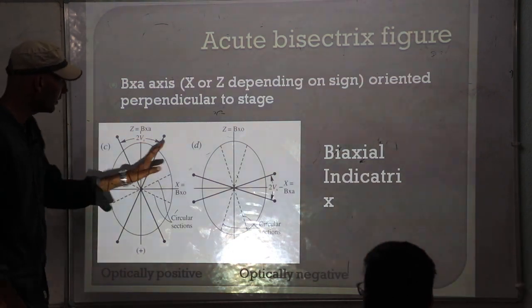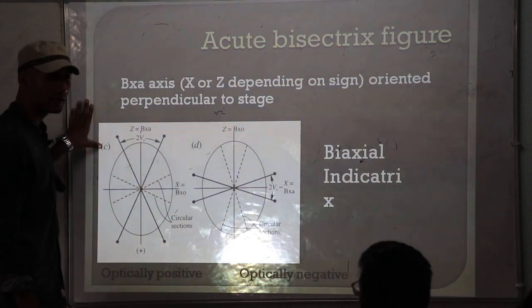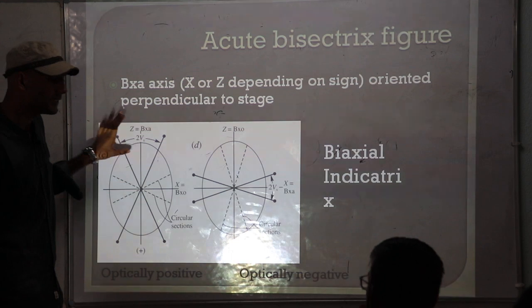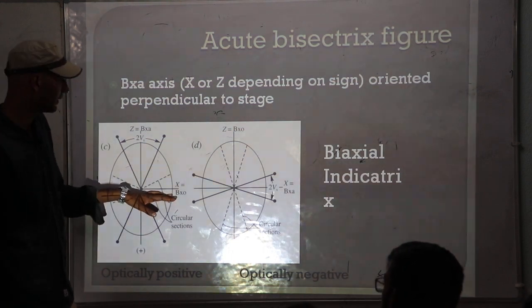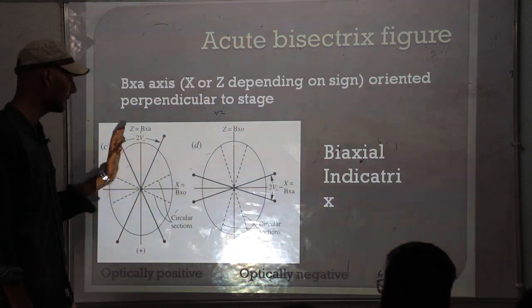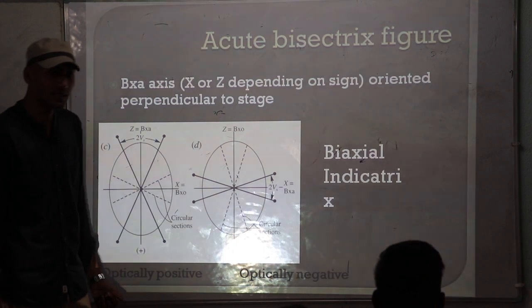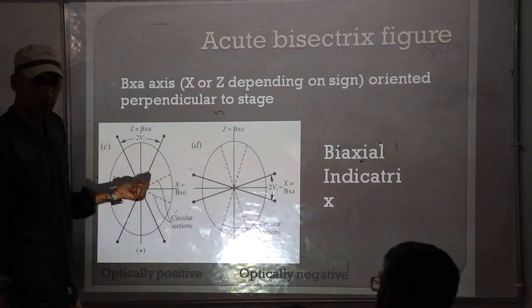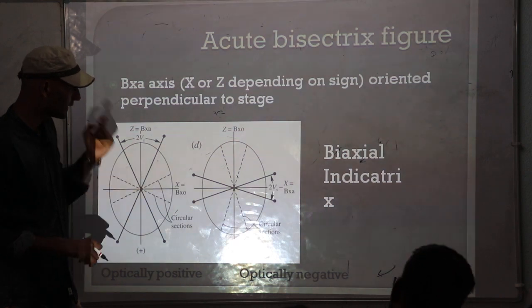You can see these are the two optic axes, and I have already discussed in previous class that X and Z, X is minimum refractive index, that is fastest vibration direction, Z is slowest, so highest refractive index, and intermediate is Y, and Y is perpendicular to XZ obviously because the coordinate systems are mutually perpendicular, XYZ.